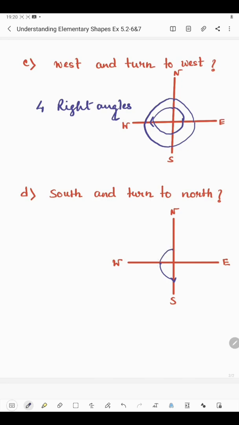What we have seen is 2 right angles. Similarly, if you go anti-clockwise, that means south to east and east to north, then also you make 2 right angles. So if you are facing south and turn to north, you make 2 right angles.